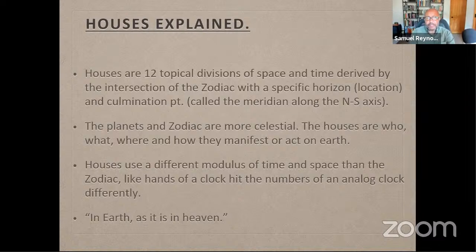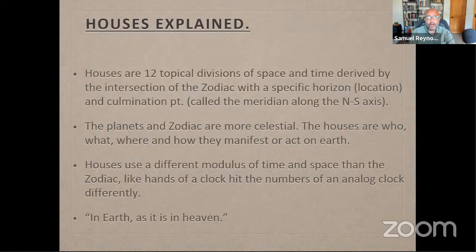So this is a great intersection point because this is where we're dealing with some of the astronomy and related to more, I would say, the thematic, philosophical, dare say even spiritual, but definitely topical aspects of astrology.